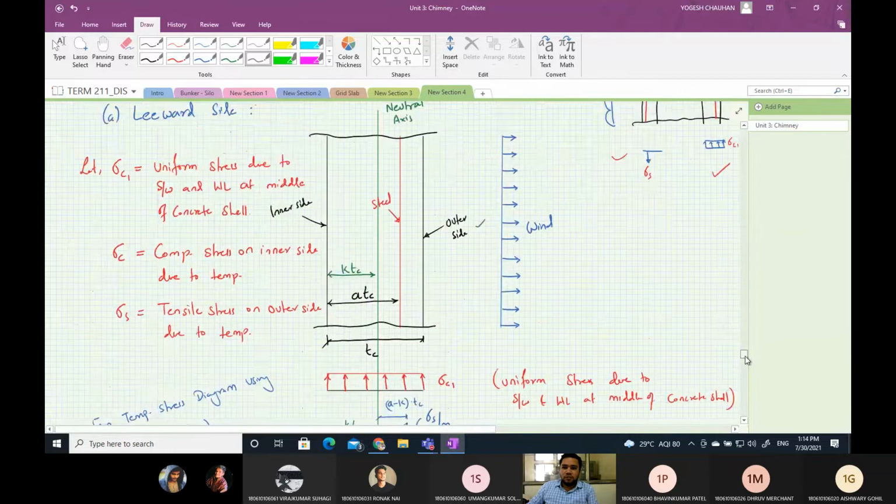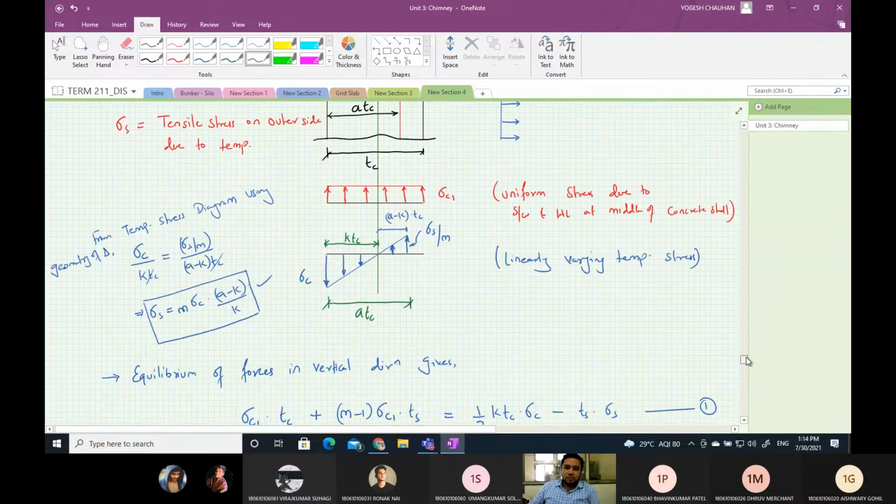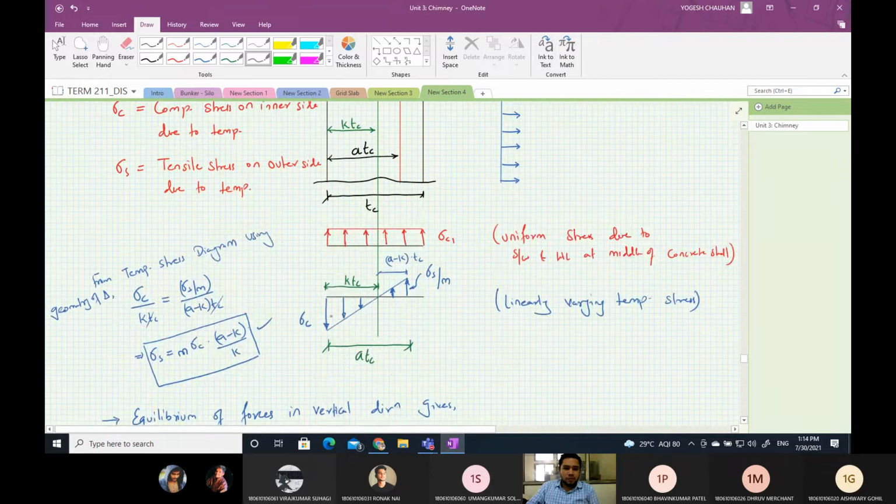If you see the chimney wall, this is the inner side for the leeward side. So here there will be compressive stress because the temperature is more over there, and let sigma s be the tensile stress on the outer side. So the stress distribution for temperature stress variation is this. Now from this temperature stress diagram, using geometry of triangle, you can find sigma s equals m times sigma c times (a minus k) by k.